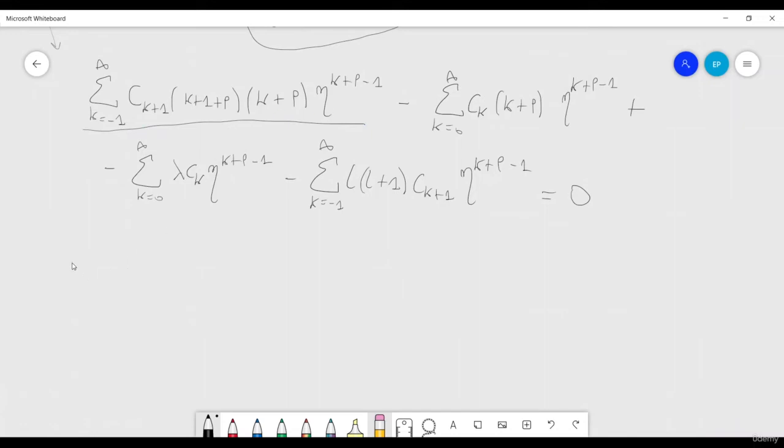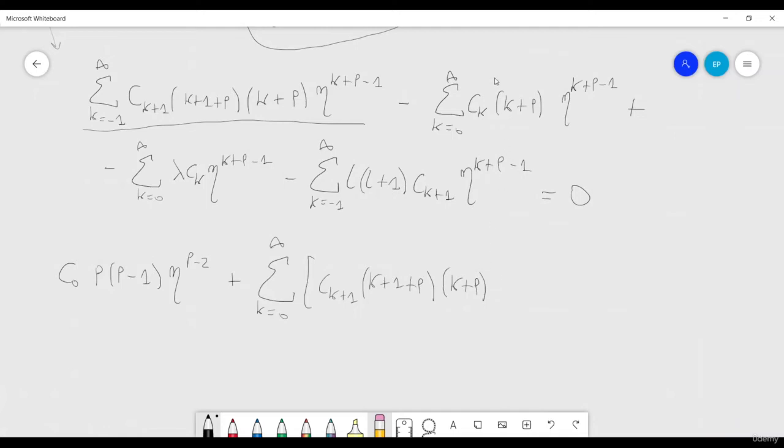The first term will be C0 times p times p minus 1 times eta to the power p minus 2. And then I have plus the same summation from 0 to infinity of C sub k plus 1 times k plus 1 plus p times k plus p.